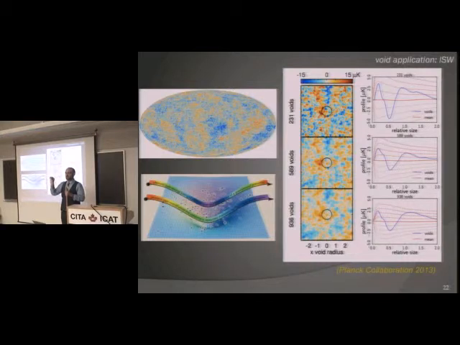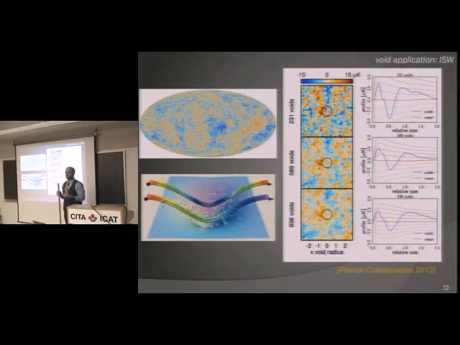And for voids, this tends to give you a slight cooling of the CMB photons. Now, of course, this is an incredibly tiny effect, but if you stack up many, many voids together, along with their associated spots on the CMB, you might see this signal.